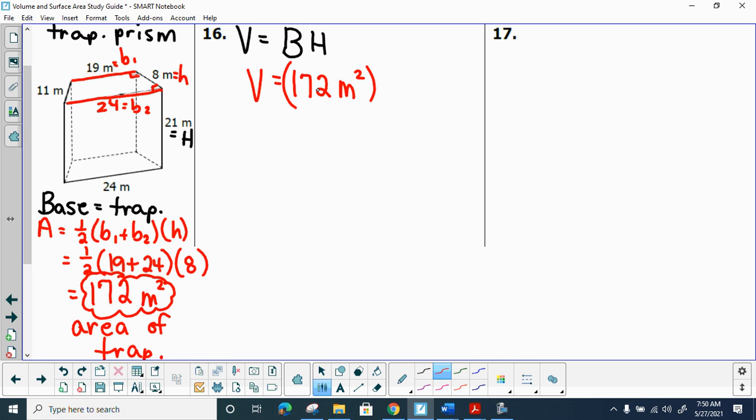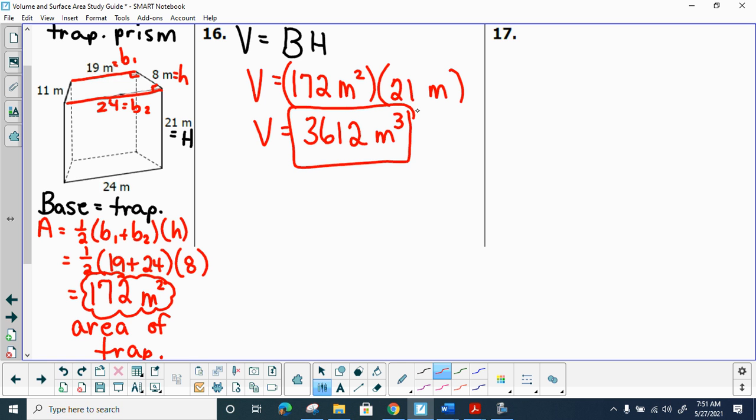So area of the trapezoidal base times the height of our prism, which is 21 meters. And our volume is 3,612 cubic meters.